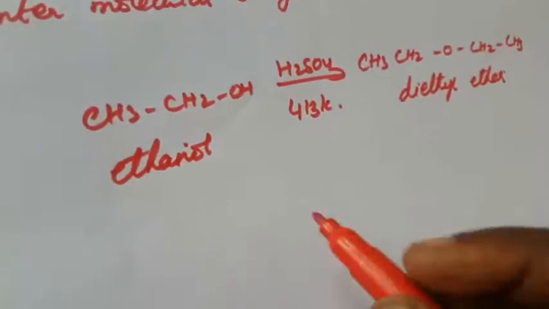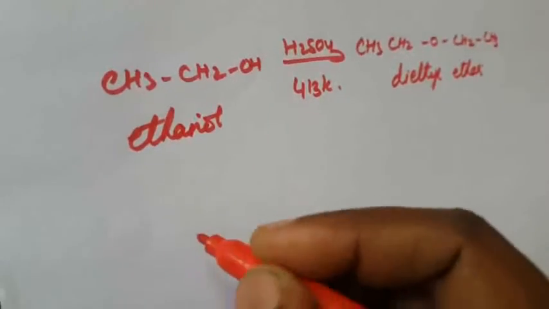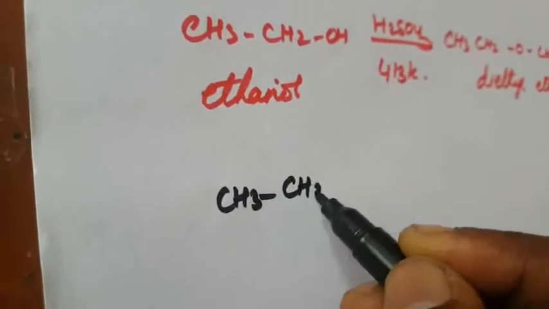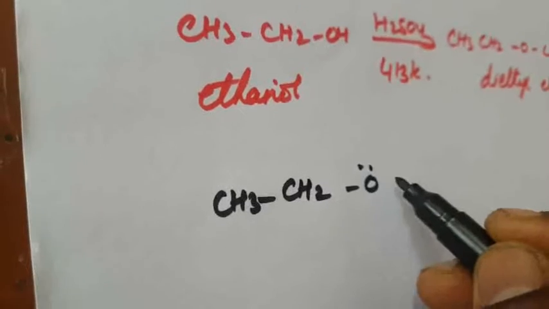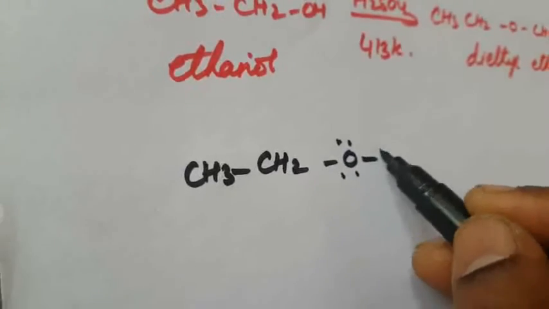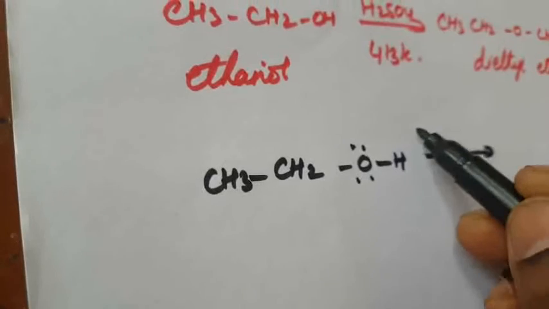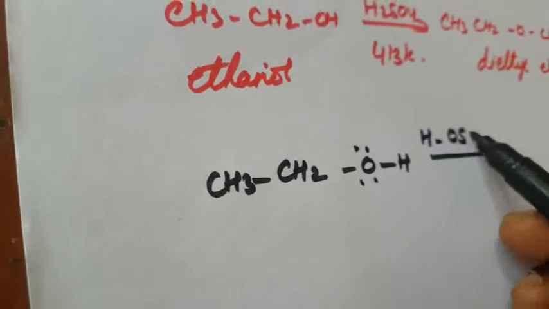So how to write the mechanism? Okay, first one is this is ethanol. How to write that mechanism? So first one CH3CH2O, oxygen, that is alcohol. So you react with sulfuric acid, right? So that is how I can write like this, HOSO3H.